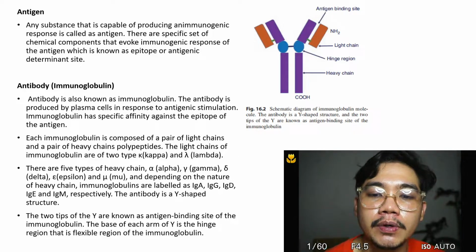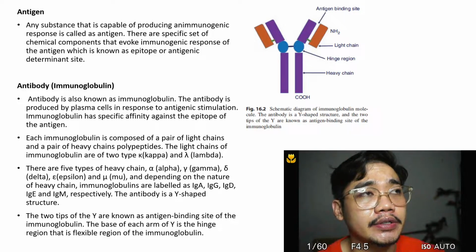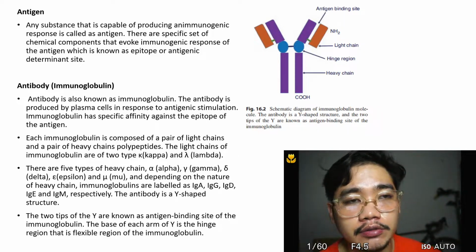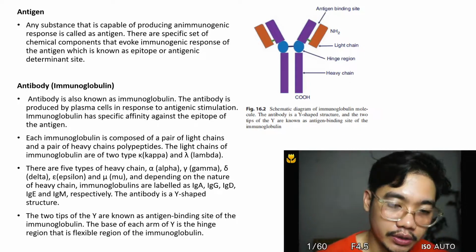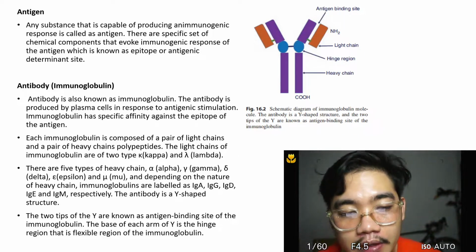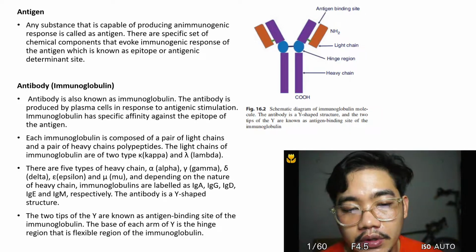There are diseases that inhibit this class switching because there are certain enzymes needed for it. I digress. Each immunoglobulin is composed of a pair of light chains and a pair of heavy chains.